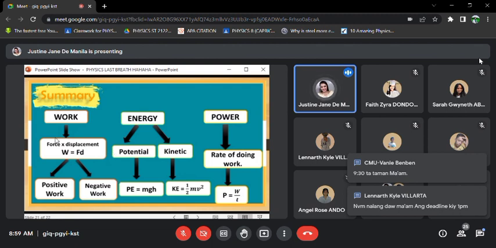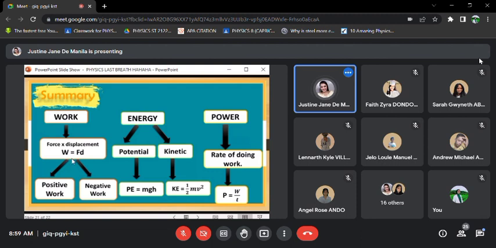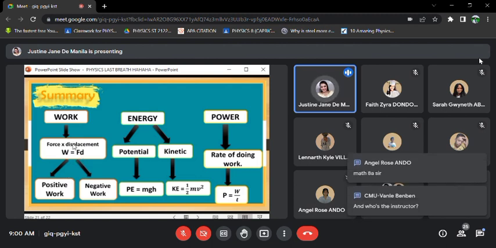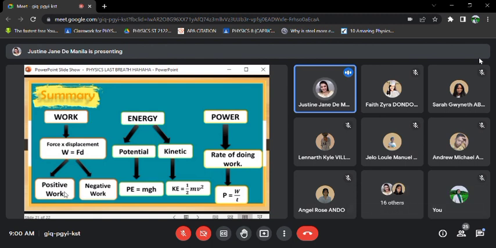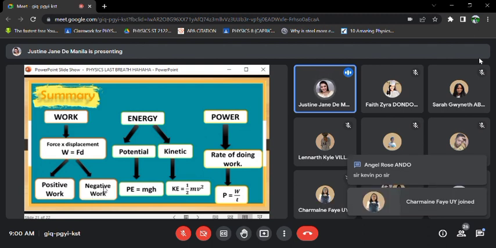To solve for work, we have work equals force times displacement, where the force should be in Newton and the displacement in meter, and work is expressed in joule. Work can be positive or negative. Positive work is when the applied force and the displacement are parallel, and negative work is when they are anti-parallel.